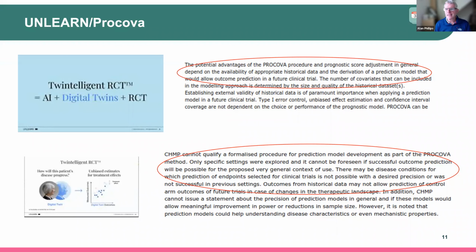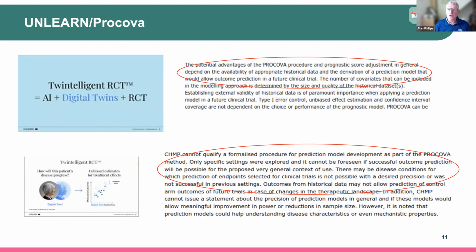They put in 3 case studies, and not surprisingly, the authorities didn't come back with an overwhelming yes. They basically came back, and I highlighted some extracts from theirs, saying that if you've got a model that predicts the outcome in a future clinical trial and you've proven that model, then to some extent that can be used as controls instead of recruiting patients into a clinical trial.